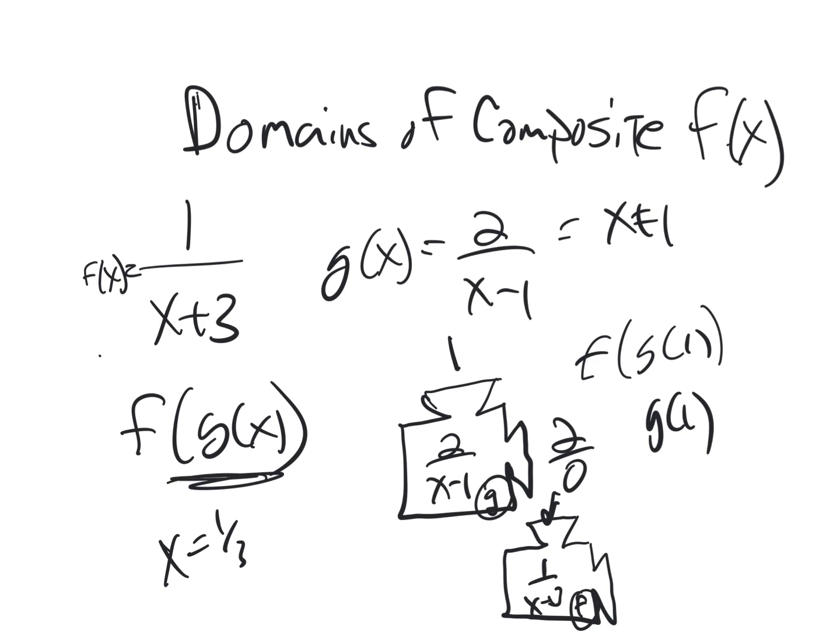So what happens when you nest them like this is x equals 1/3 is a domain limitation, so x can't be 1/3, and also that original one from g of x, x can't be equal to 1.